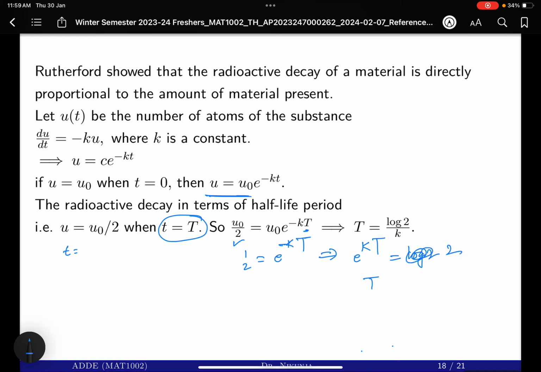Sorry, here it is 2, so if you apply logarithm both sides, T is equal to log 2 by small k. So that is the value for capital T, the half-life. You should know that it is log 2 by k.